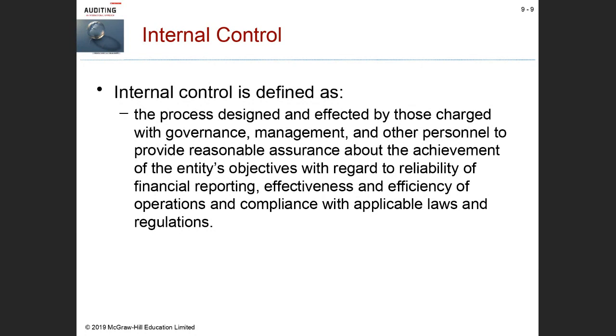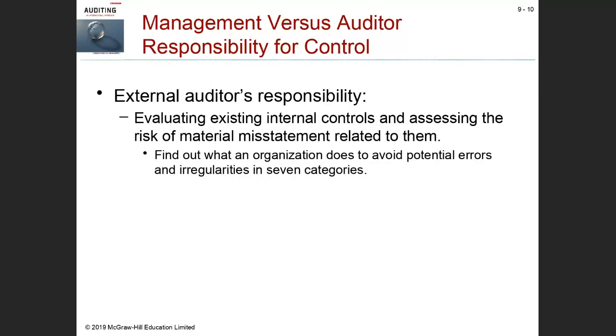That system should provide reasonable assurance about achieving the business entity's objectives as it relates to accurate financial reporting, both for internal and external purposes, the effectiveness and efficiency of business operations, so we achieve our goals of profitability, and achieve them efficiently, and that our business organization complies with laws and regulations to minimize downside costs, penalties, interest, and negative effects on our reputation, for example.